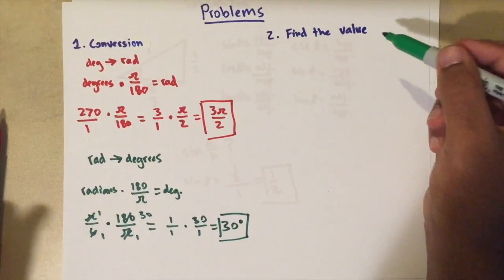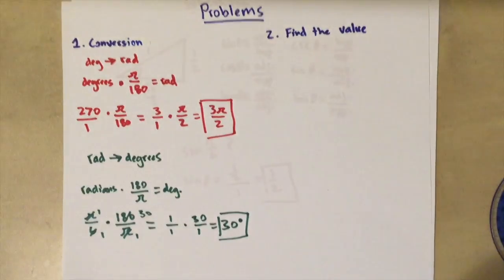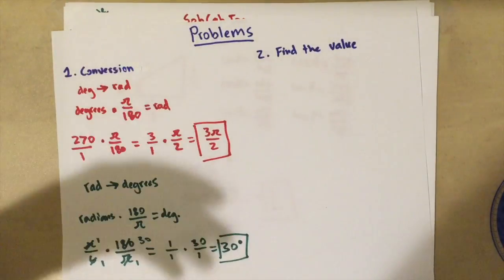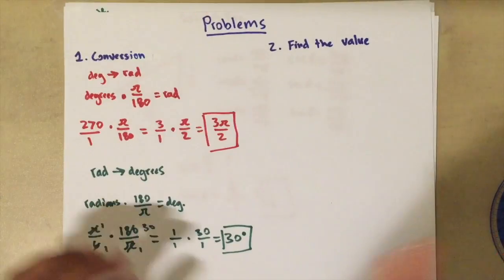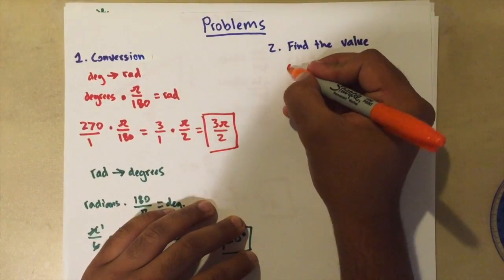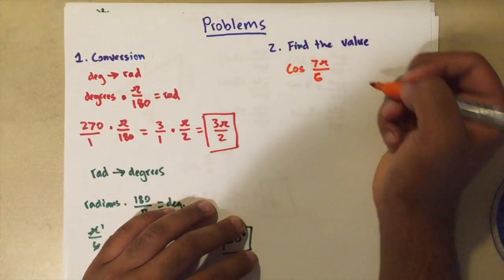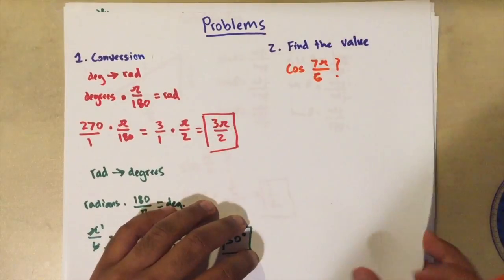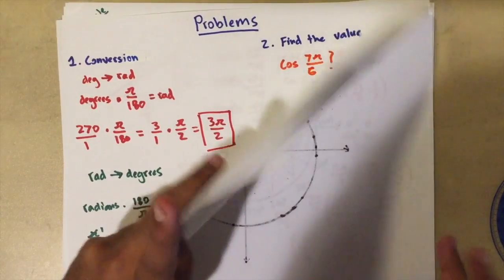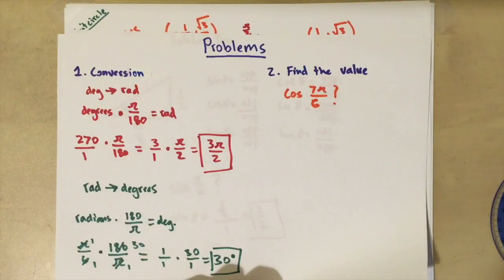Now for the next type of problem, and this is also common, this is called find the value kind of problems. Except this time we'll use the unit circle to our advantage, so everything goes much quicker. For example, if we take the problem, what is the cosine of 7 pi over 6? If we utilize our unit circle back here, all we have to do is find that value.